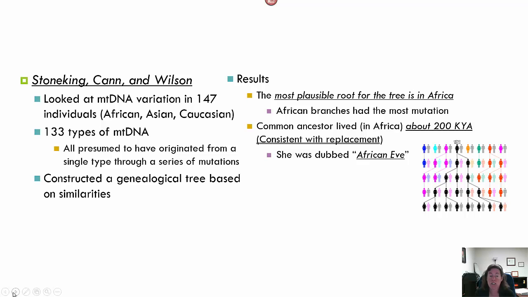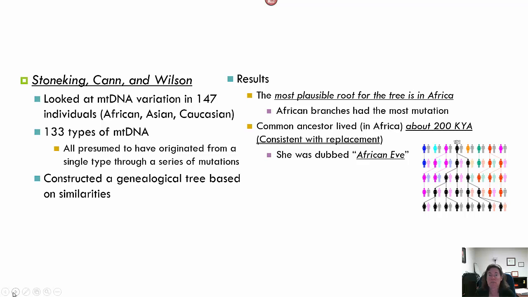They constructed a genealogical tree of those 133 mitochondrial DNAs, and they claim that their analysis can tell us two things. One, the time of divergence of anatomically modern Homo sapiens, and the possible location of the origin of the first anatomically modern Homo sapiens.